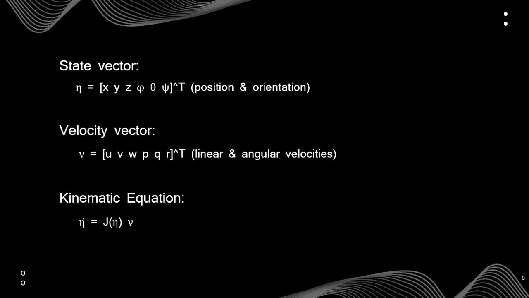The velocity vector nu includes linear velocities u, v, w, and angular rates p, q, and r. The kinematic equation relates a velocity to change in position using a transformation matrix J(eta).